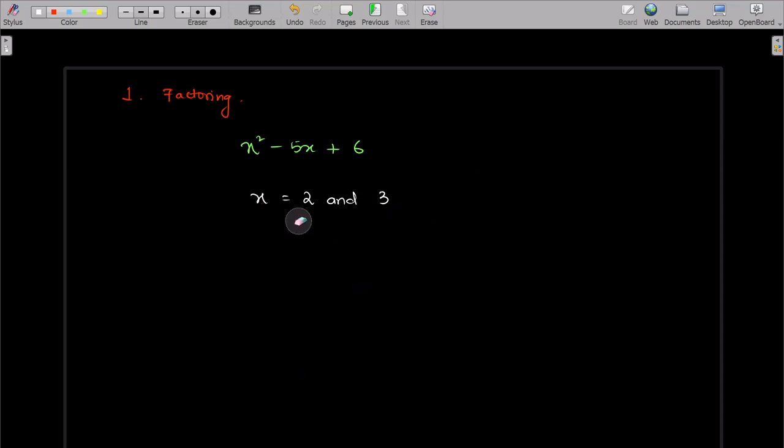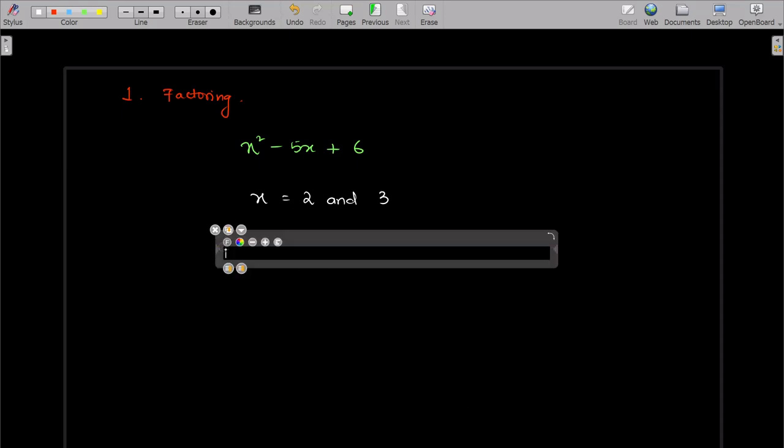So the question can be asked in this way: factorize the given quadratic expression into the product of two linear factors.